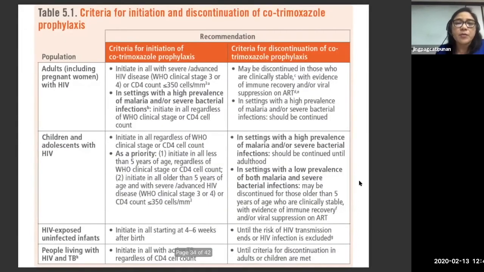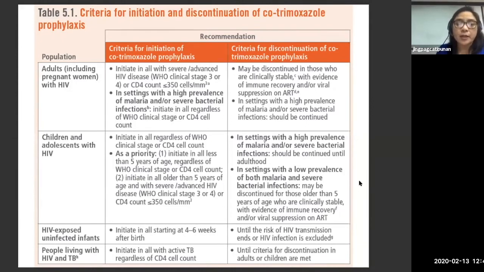I also want to include that there are other drugs given for prophylaxis, which is very important for infants and children, because we have to cover for PCP, pneumonia.